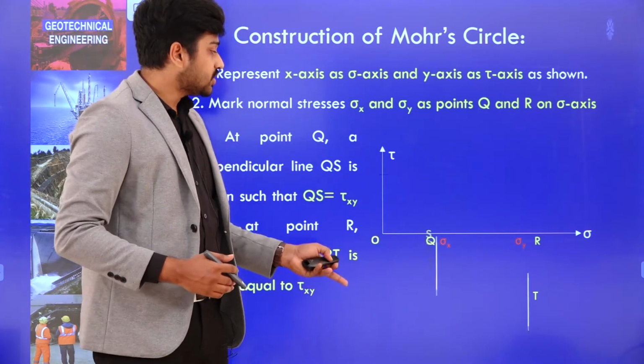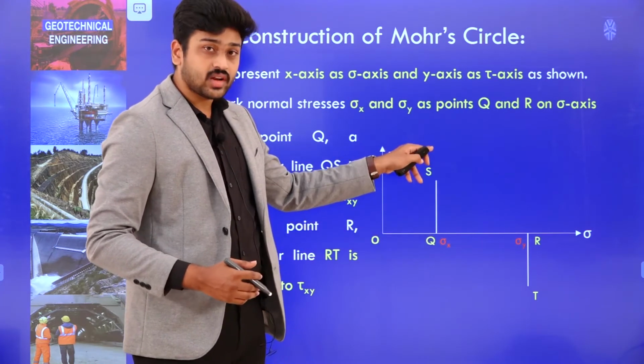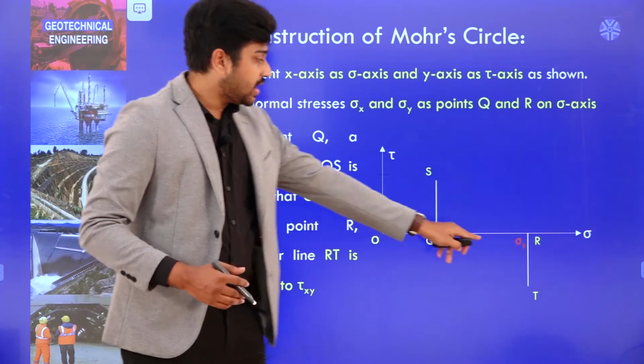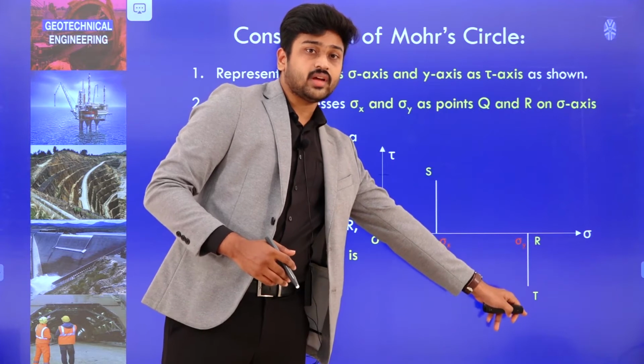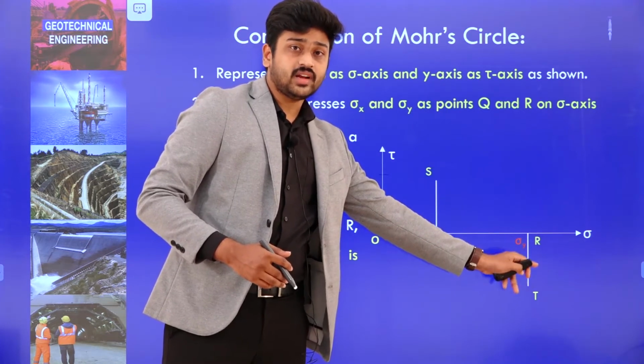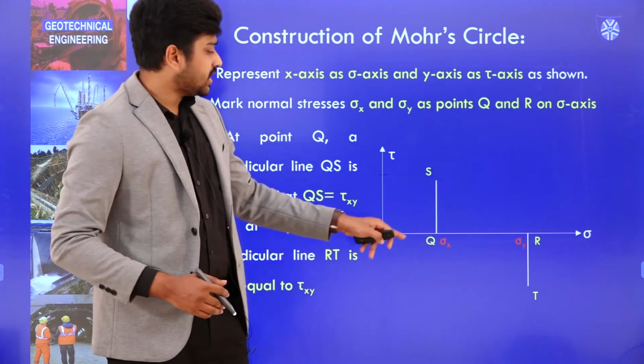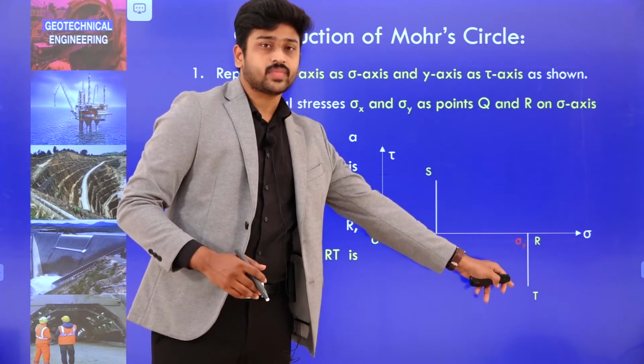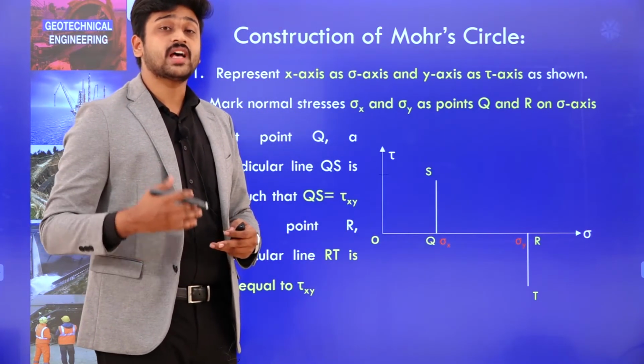That means using tau xy, draw a horizontal line at this point, and at point R you draw a vertical line downwards. Let us say this is S and this is T. The scale should be the same for sigma as well as tau.